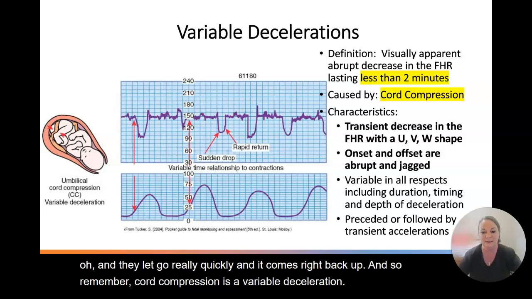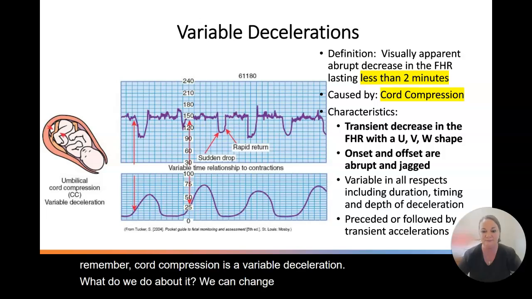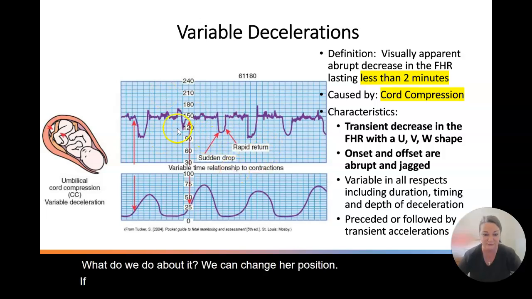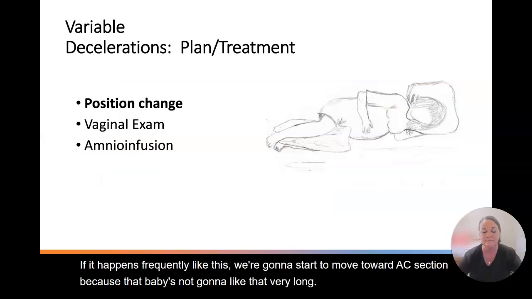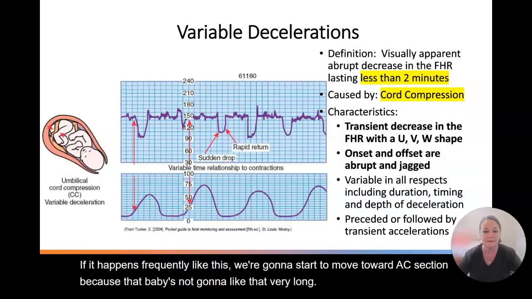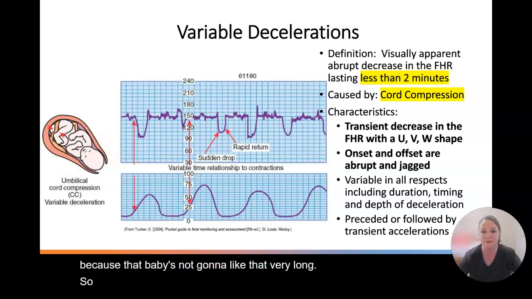What do we do about it? We can change her position. If it happens frequently like this, we're going to start to move toward a C-section because that baby's not going to like that very long. So yeah, change her position is what we're going to do for variable decelerations.